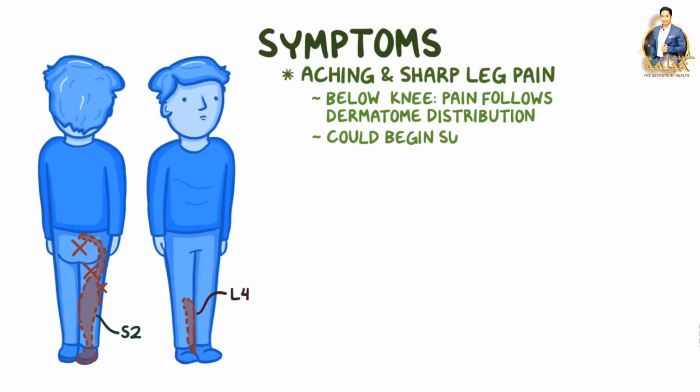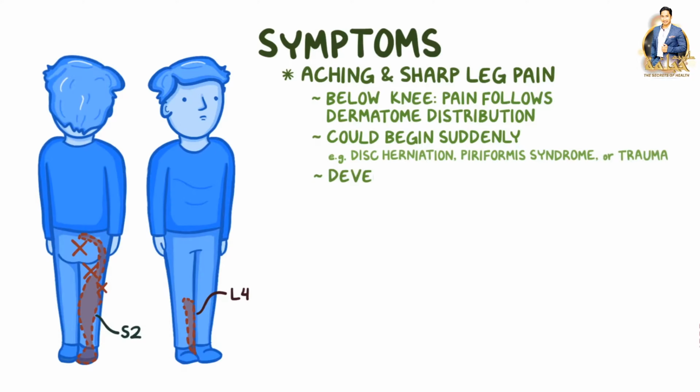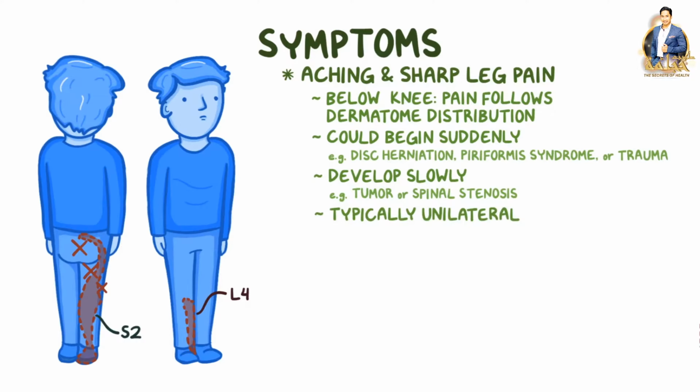This pain could begin suddenly, usually with disc herniation, piriformis syndrome, or trauma. It could also develop slowly, like if it's caused by a tumor or spinal stenosis where the pain increases over time. Sciatic pain is typically unilateral, meaning it's only located on one side.